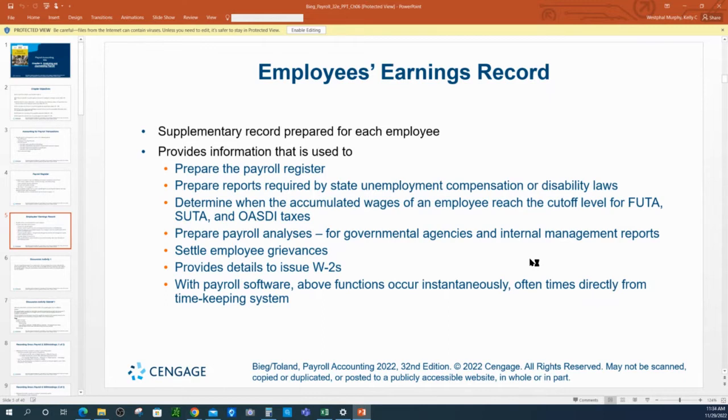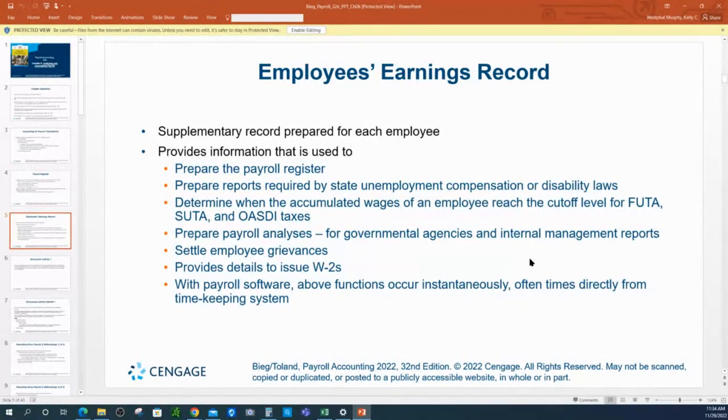How many office employees did you have during a particular date range? How many executives did you have? What was the total payroll for them? As well as how many production workers? What was the pay for your production workers during a certain time period?